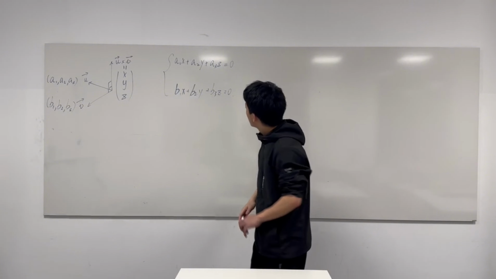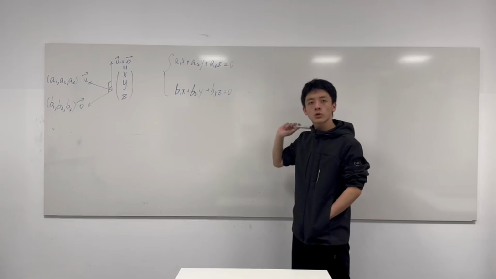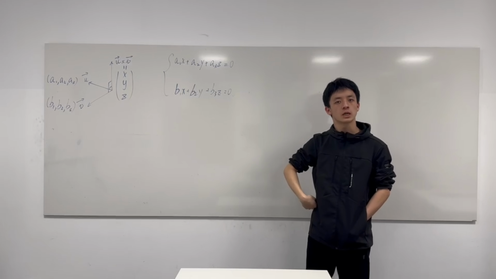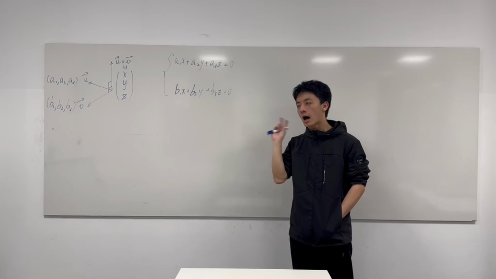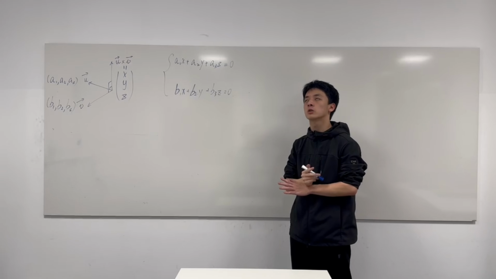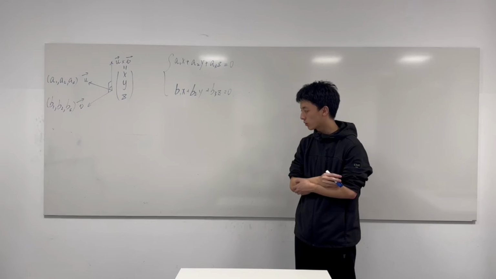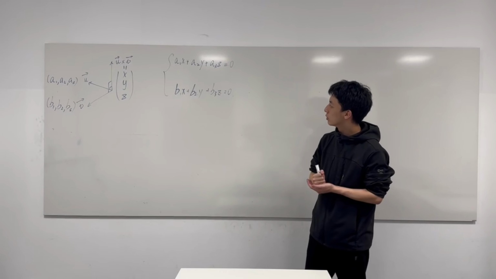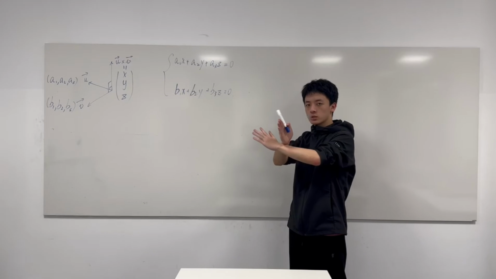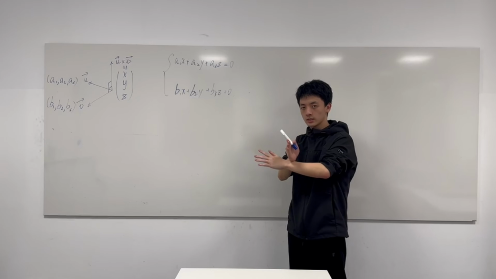And guys, we can observe these two equations first. According to what we learned, these two equations represent two planes, and both planes go through the origin. So these two planes will cross each other, and we'll get a line.